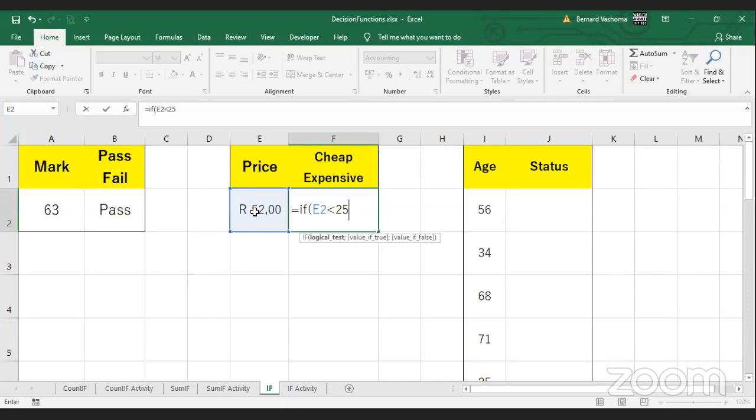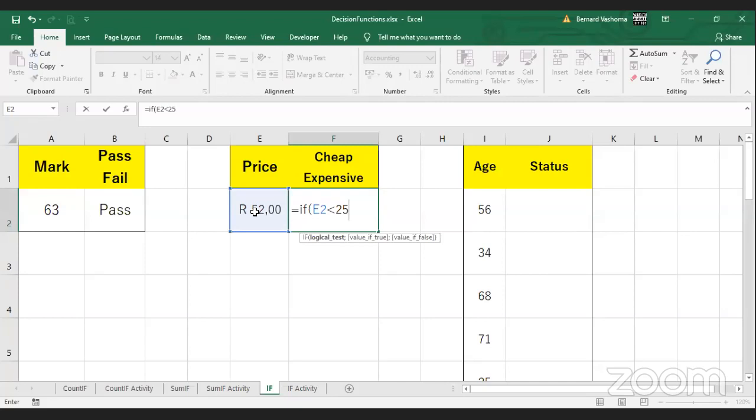So if we are to put R there like that, automatically this is now recognized as R25, as in the cell R25. So we don't put the R, we just type 25 because Excel already knows that we're dealing with currency.